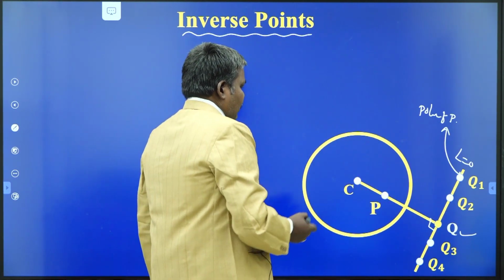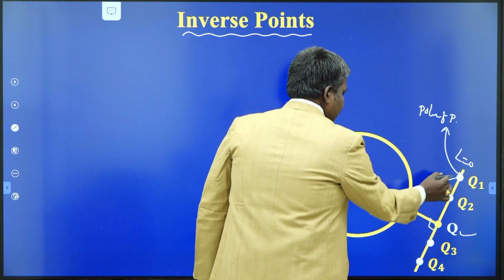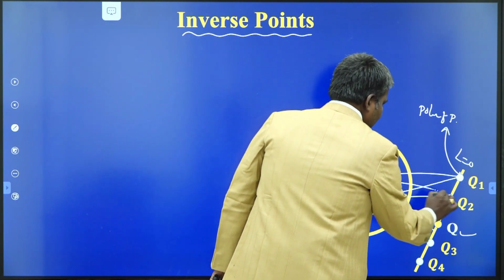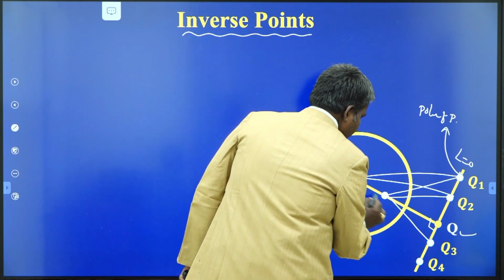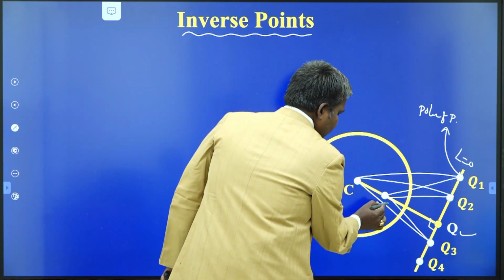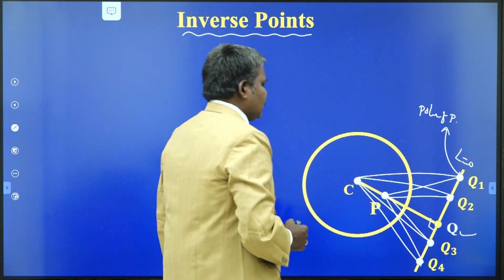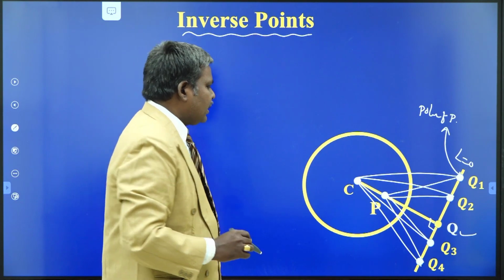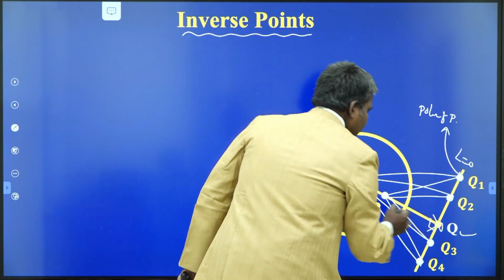In all the other cases, CPQ forms a triangle. See here, this is CPQ3. This is another triangle. This is what now? CPQ4. This is another triangle. Every time you have a triangle, but in this case, the points are collinear.